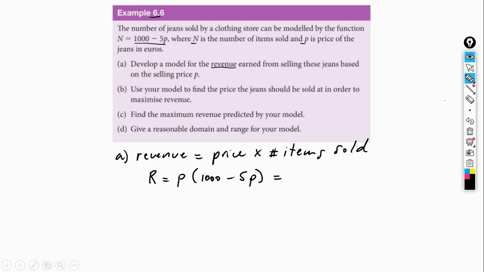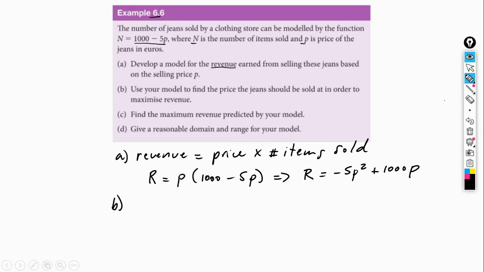So if we multiply and expand this, we're going to get that the revenue is equal to, I'm going to rearrange it, minus 5P squared plus 1000P. So this would model the revenue, and it's a quadratic model, obviously.